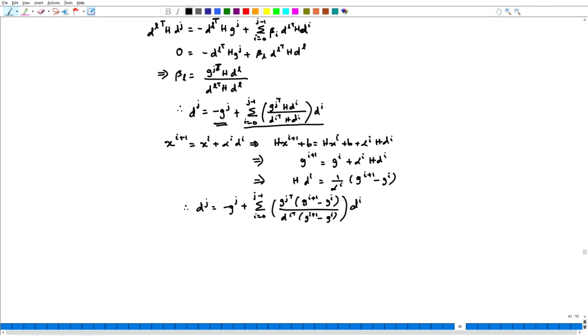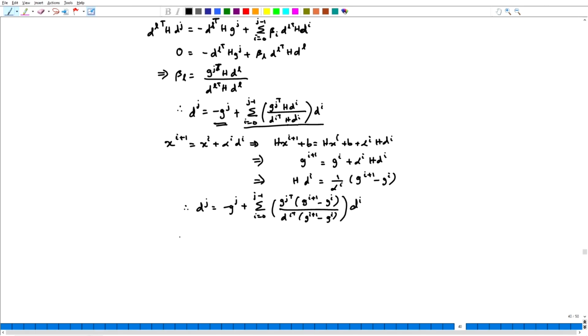Okay. And I can simplify this further, and how is that? So, please note that, okay, I need to actually show something. So, this is an aside, I will use that here in a short while.